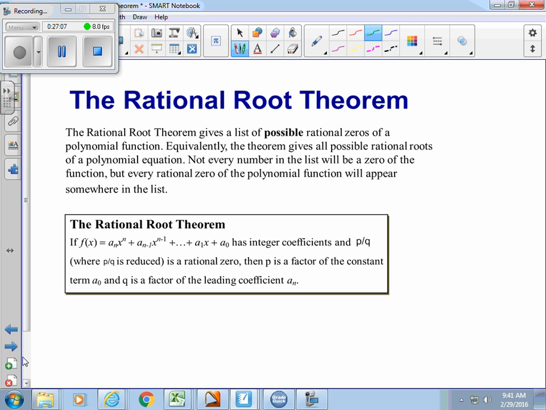The rational root theorem gives you a way to get that first 0. Remember when I went and found it on the calculator, the 3? The rational root theorem gives you a way to find it if you didn't have a graph that you could go look at. So, the rational root theorem gives a list of possible rational roots. It doesn't actually give the rational roots, it gives a list of possible rational roots.